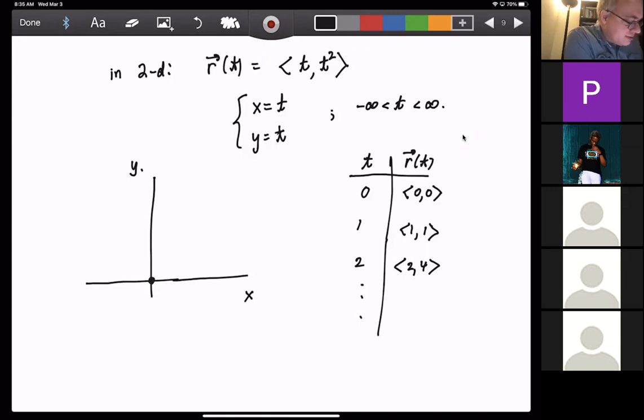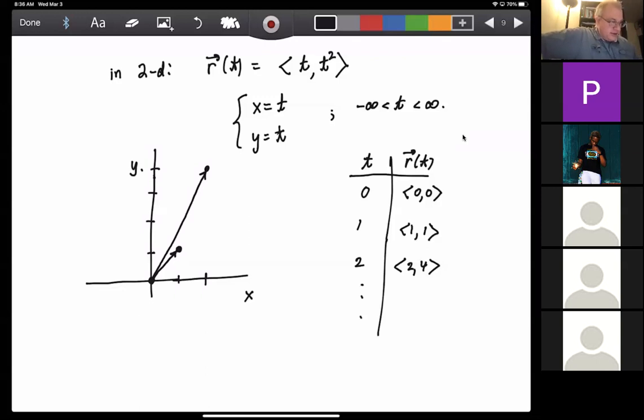So 0, 0 is just the 0 vector at the origin. 1, 1, that's the vector that takes you to the point 1, 1. 2, 4, that's the position vector to 2, 4. And we can draw lots of vectors like this to see points on the graph of the function.